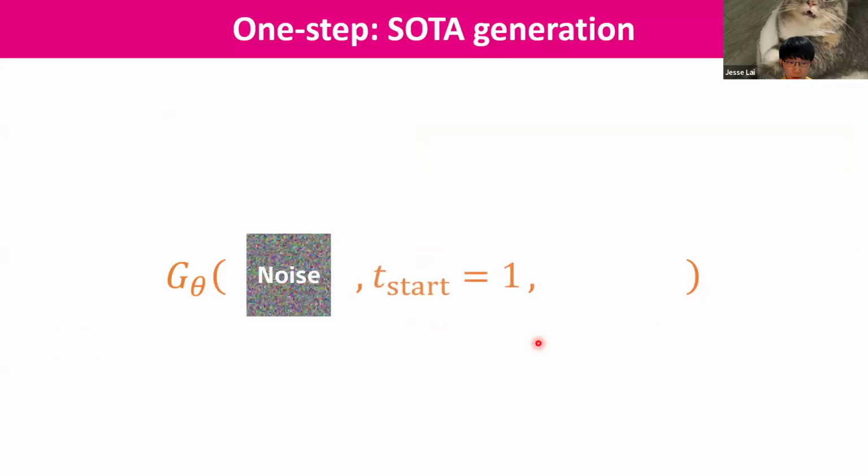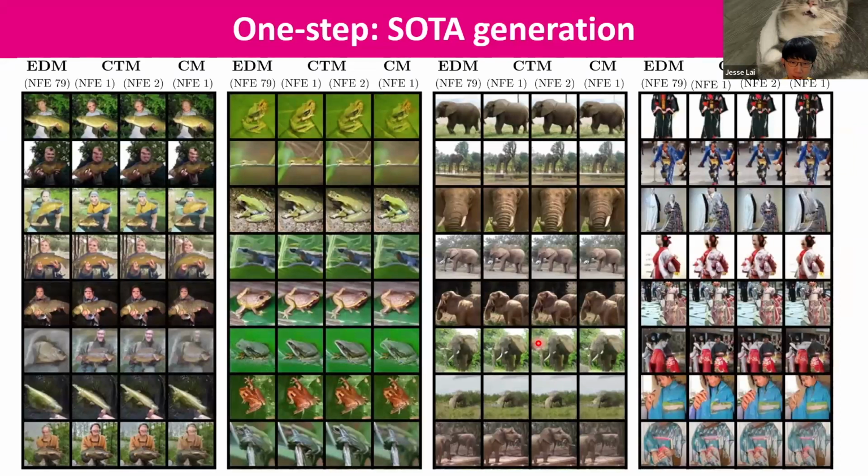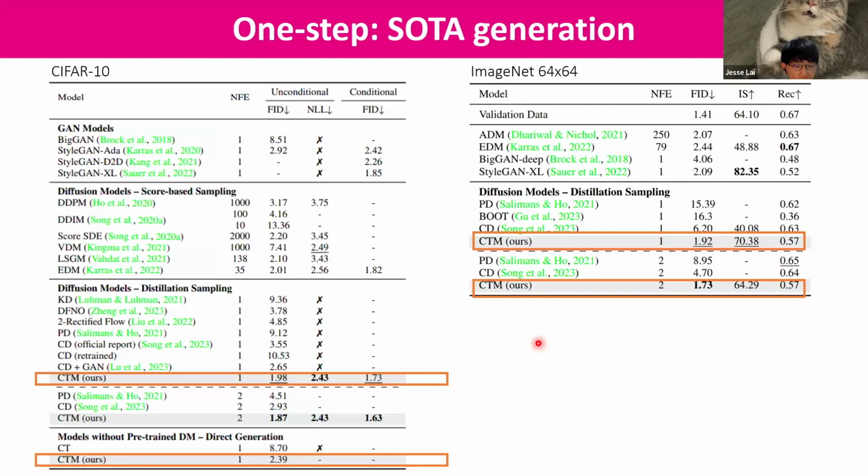Okay, so we are talking about the 1-step generation, and here are more samples, but you can check them in detail later on the project page. And here are some numerical values.